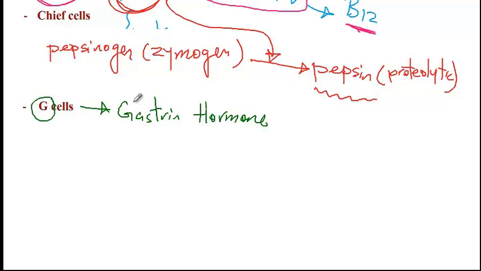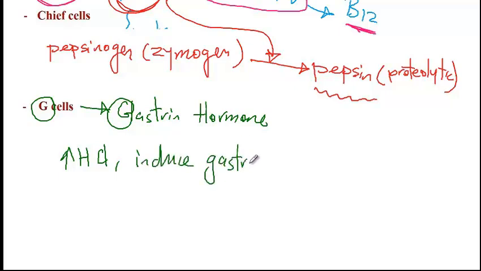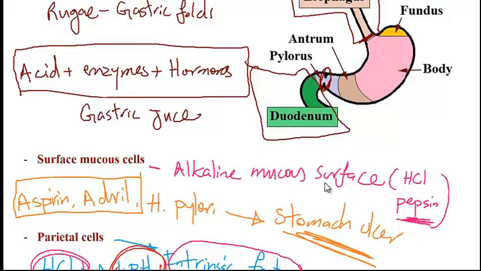G cells produce gastrin hormone, and the function of gastrin is to increase the production of hydrochloric acid and also induce gastric emptying by increasing stomach motility and by relaxing the pyloric sphincter. So recall here we had the pyloric sphincter. G cells release gastrin in order to relax the pyloric sphincter and allow food to enter from the stomach into the duodenum.